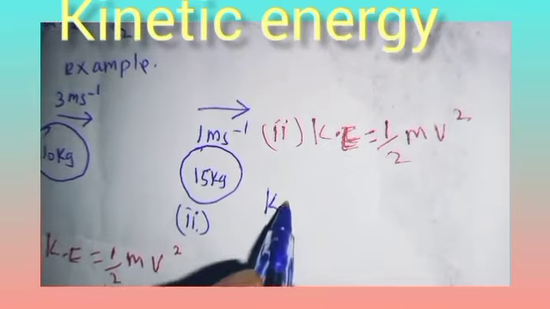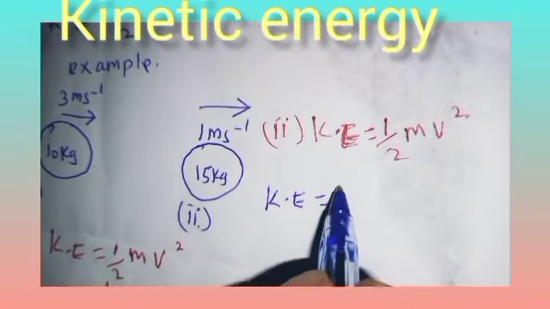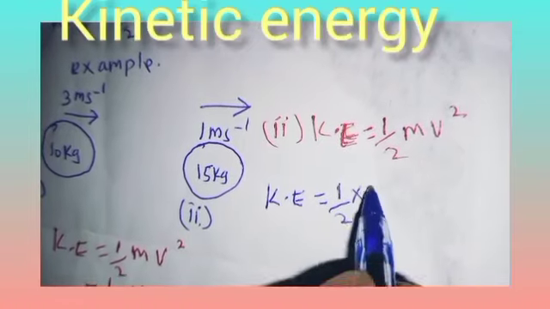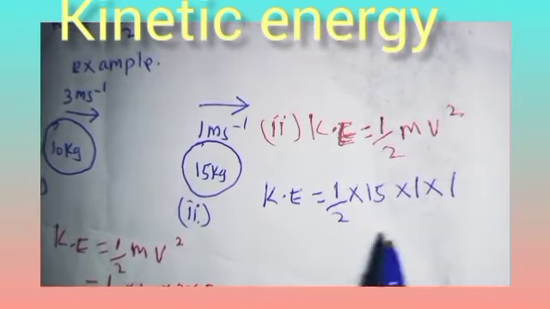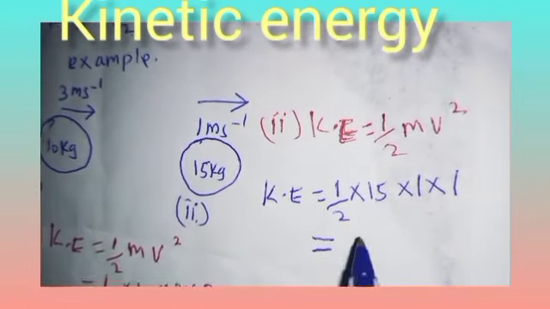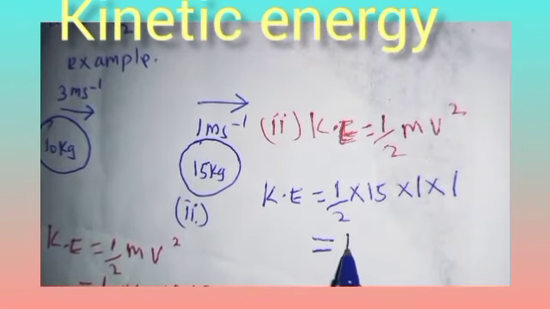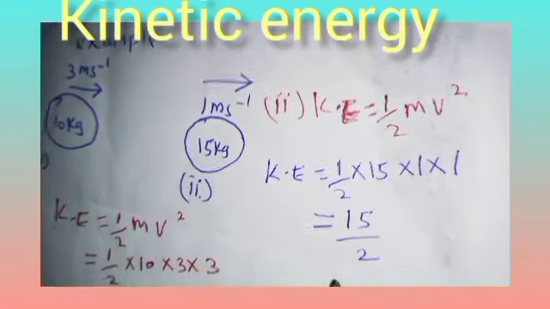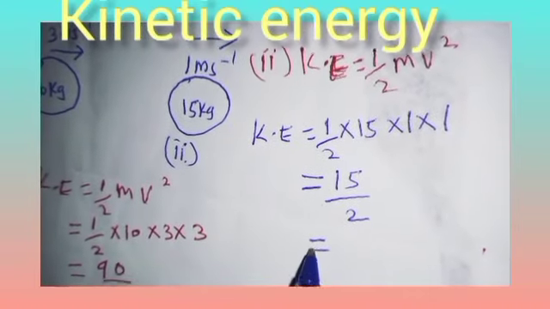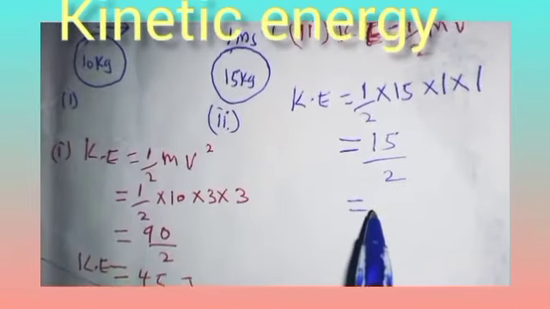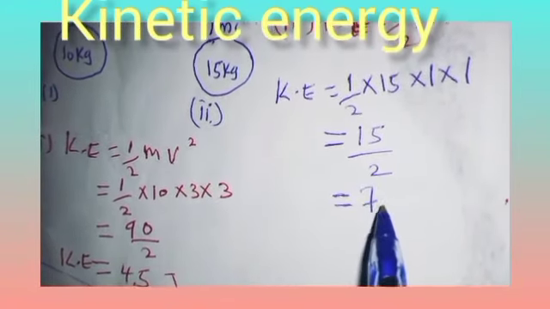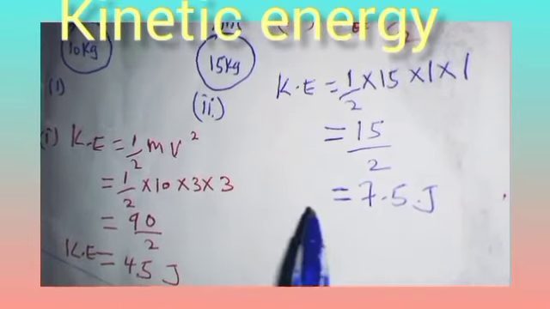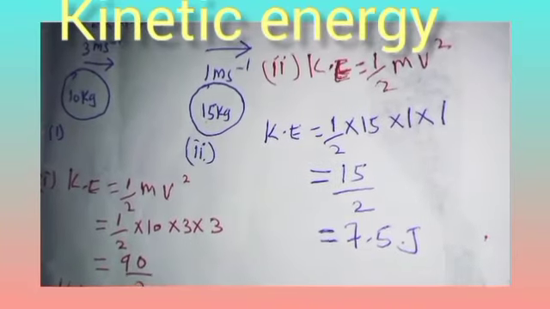So we substitute: kinetic energy will be equal to half, our mass is 15, our velocity in this case is 1 multiplied by 1, which is 1, 1 times 15 is 15, over 2, which is the same as 15 divided by 2, giving 7.5 joules. So the kinetic energy for this case is 7.5 joules.